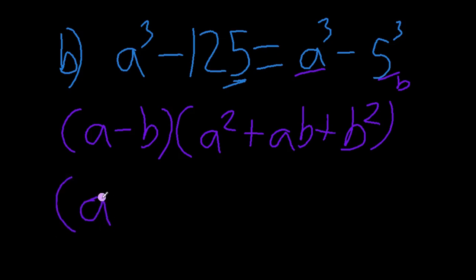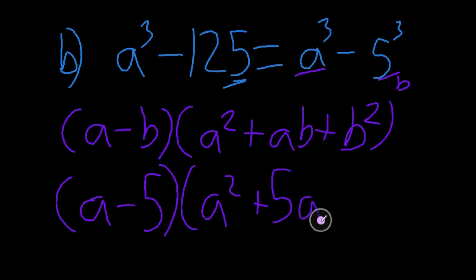A is a, b is 5, a squared is a squared, plus, and I could write a5, but I'll just write it as 5a already. And then I could write 5 squared, but the simplified form of 5 squared is 25. So for these easy examples, you should be able to do them in about 2 quick steps.